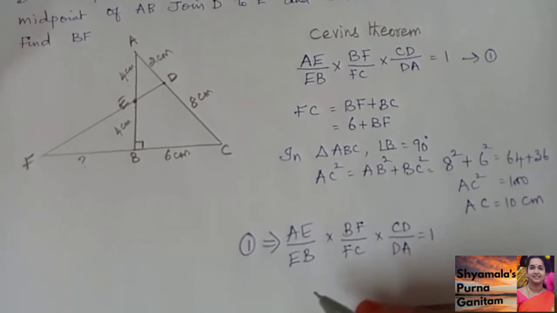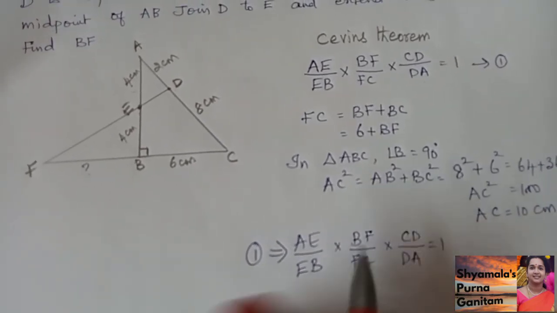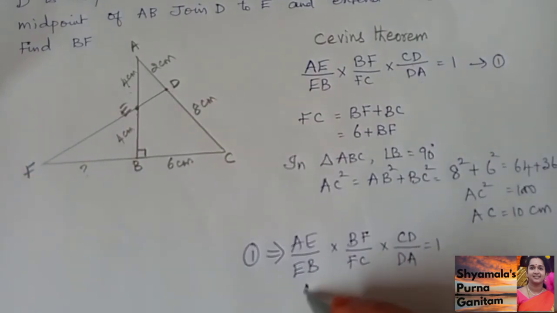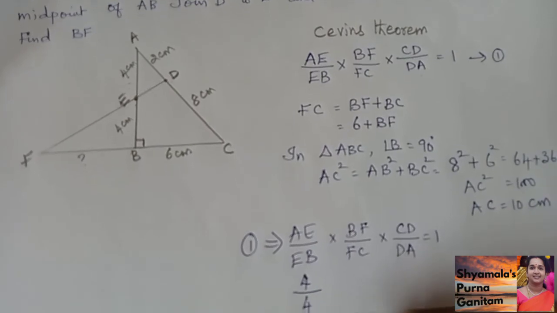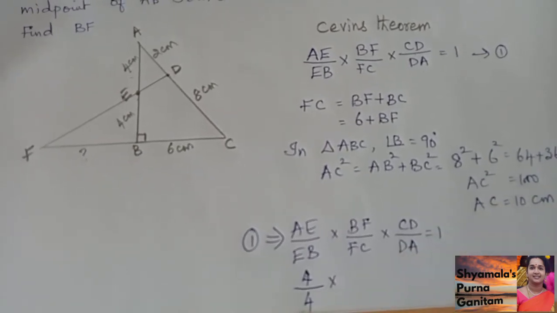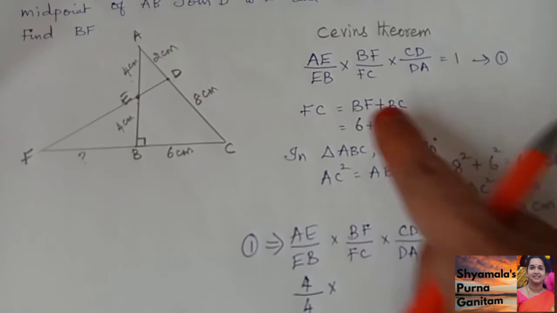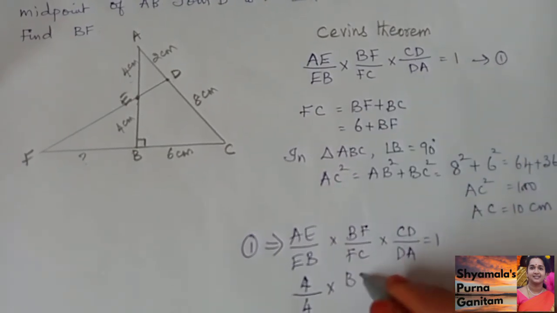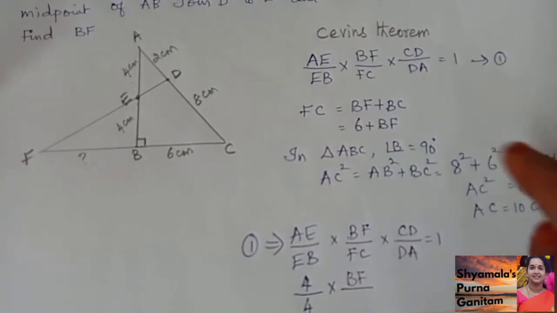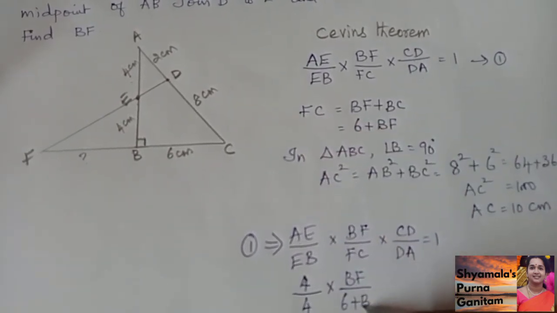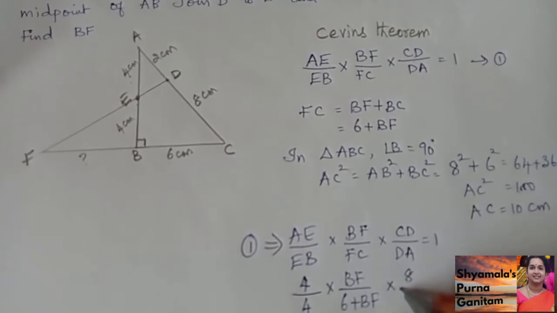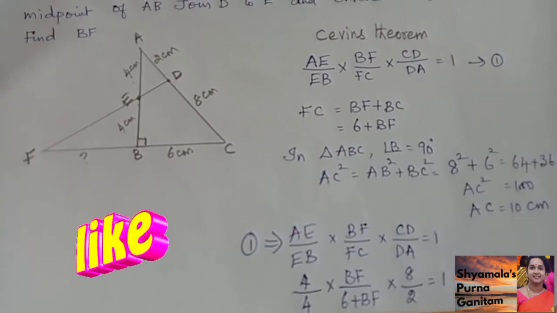So AE is 4 centimeter by EB is 4 centimeter into BF, we are asked to find, by FC, we got it as 6 plus BF, into CD is 8 centimeter by DA is 2 centimeter equal to 1.